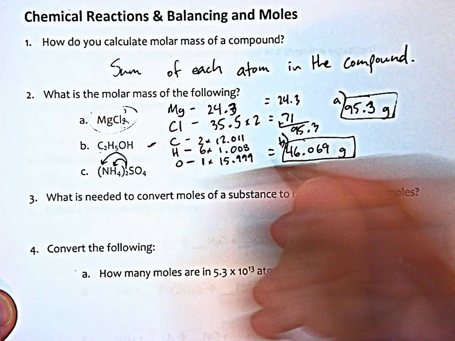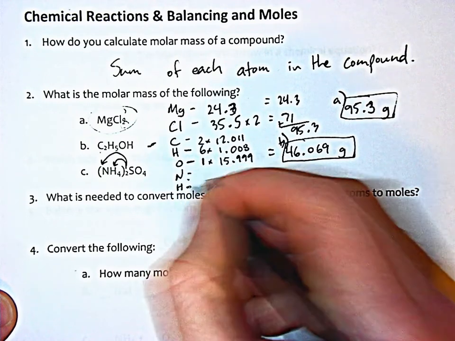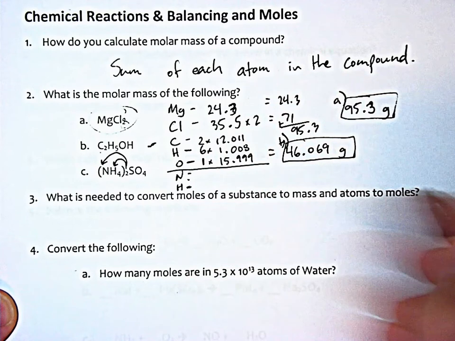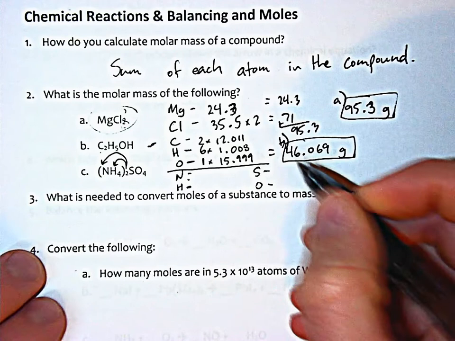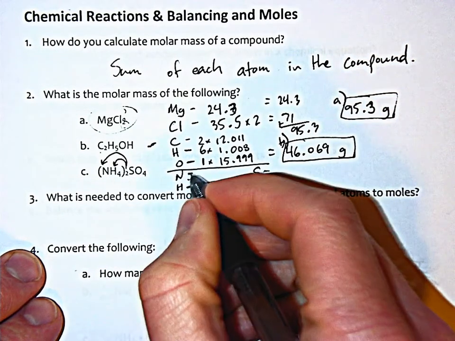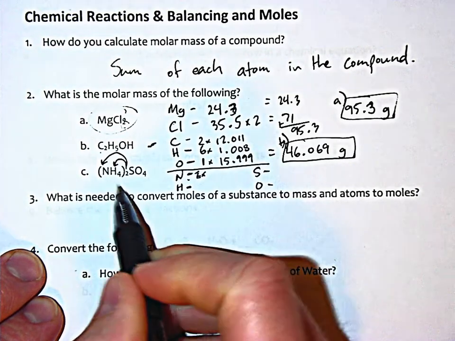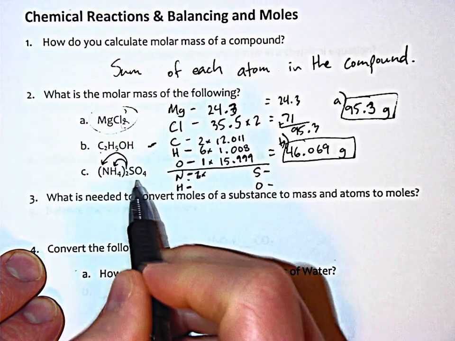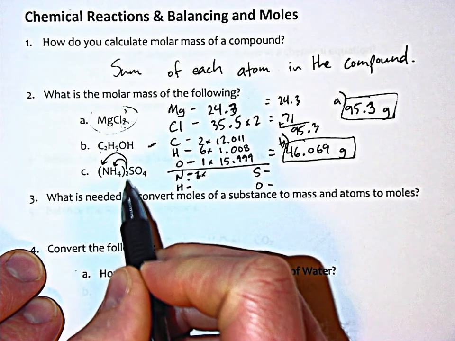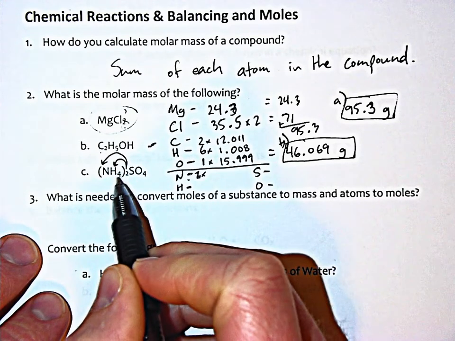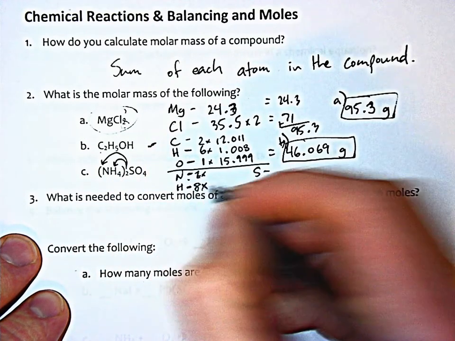I'm going to write out all my elements: N, H, S, and O. I've got 2 N's. I've got 4 H's on the inside, but because I've also got another 2 on the outside, as far as this subscript, I'm going to multiply those. So I've actually got 8 hydrogens.